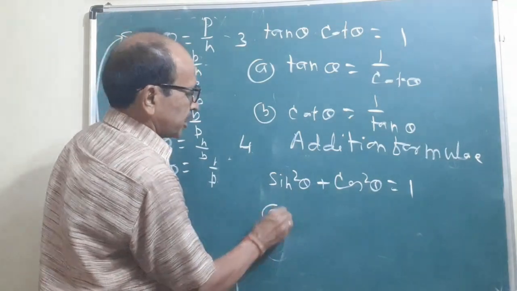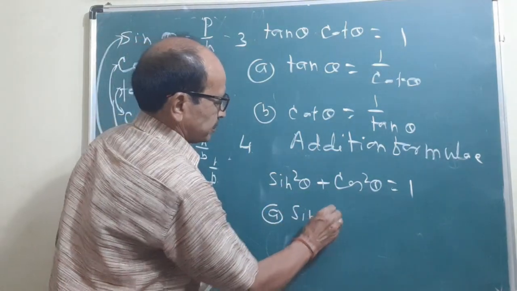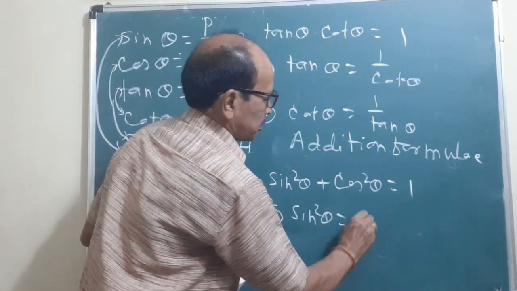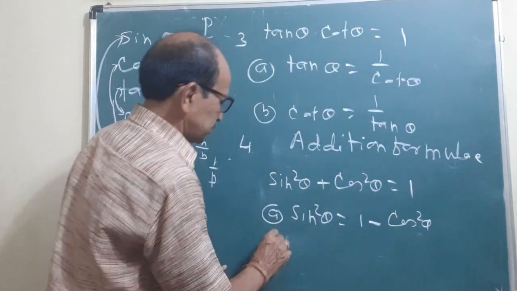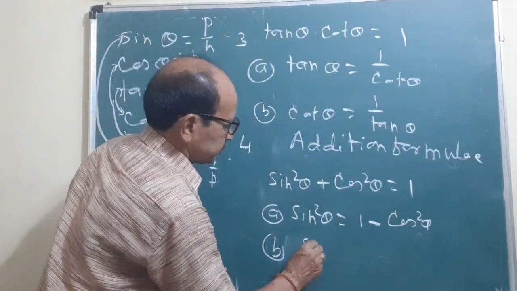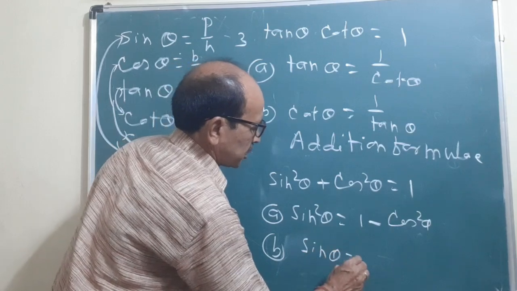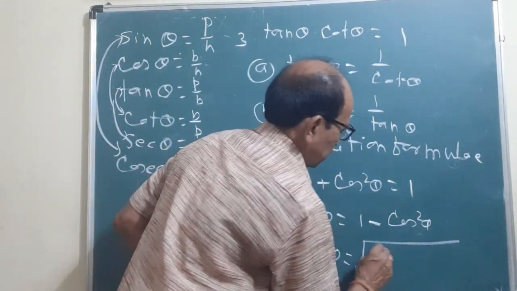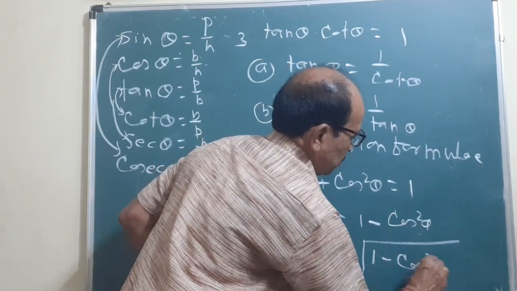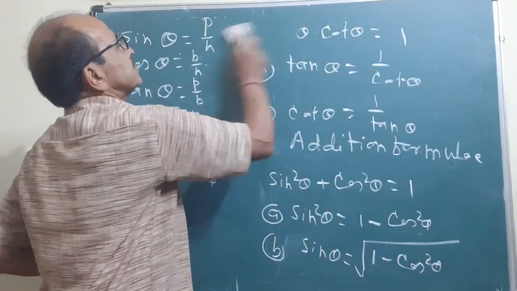So here also you can get sin square theta is equal to 1 minus cos square theta, and sin theta is equal to under root, if you remove the square, under root 1 minus cos square theta.